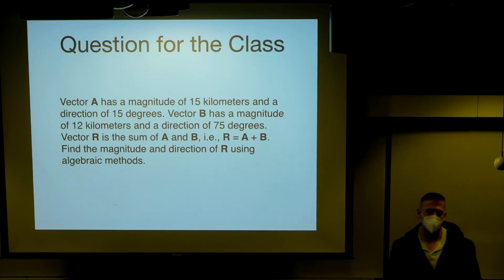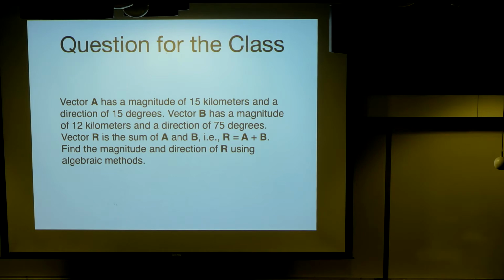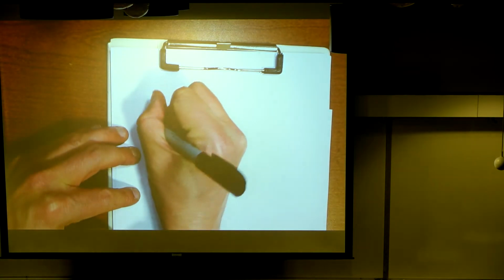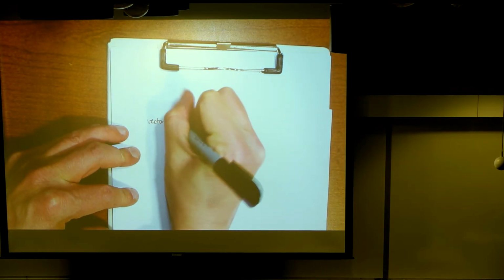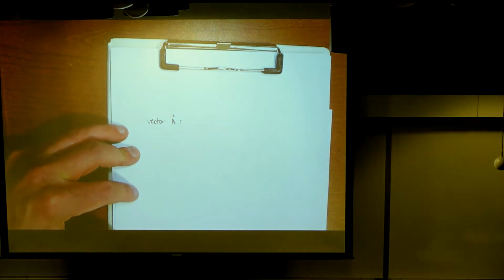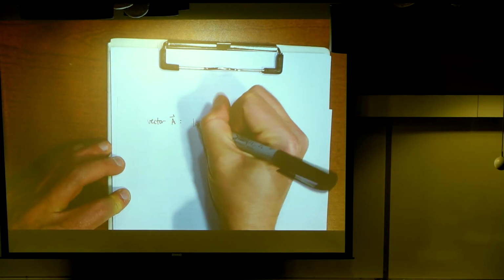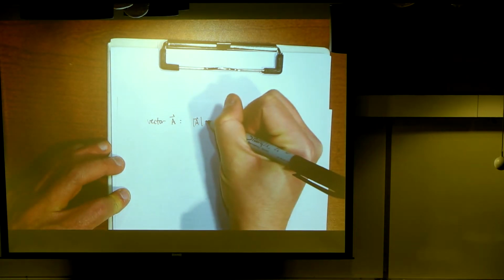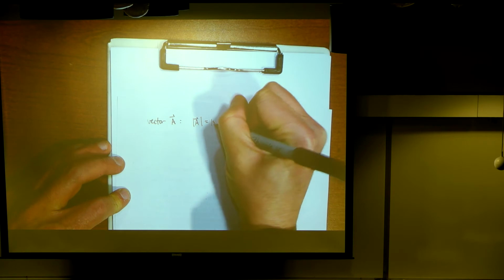Let's get started off on this one as a group, and then once we're about halfway through, I'll let you guys try it yourself, okay? But let me start you off like this. All right, so we have vector A, and that has a magnitude of 15 kilometers.